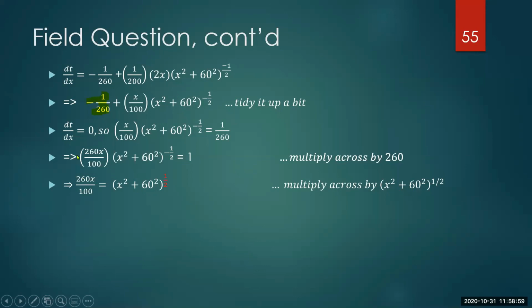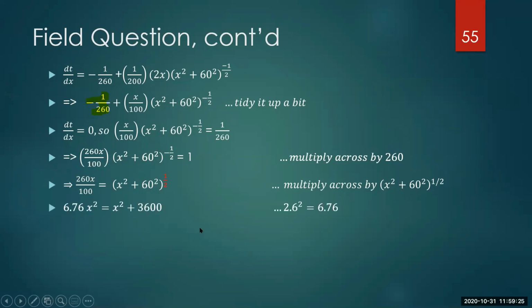When I multiply that by (x squared plus 60 squared) to the power of a half, I get 1. So my left-hand side just becomes 260x over 100, and my right-hand side becomes the square root of x squared plus 60 squared.